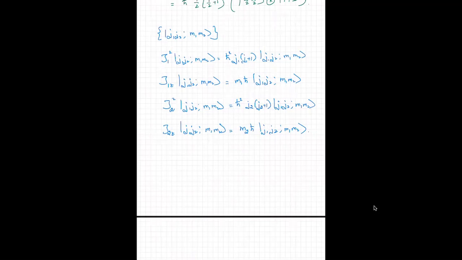Okay. Now we will ask a different question. Well, we went to the trouble of constructing J, right? And we want to understand what the eigenvalues of J are. So we constructed J as, for example, J1 times 1 plus 1 times J2. And for example, we also constructed Jz, which is J1z direct product 1 plus 1 direct product J2z.